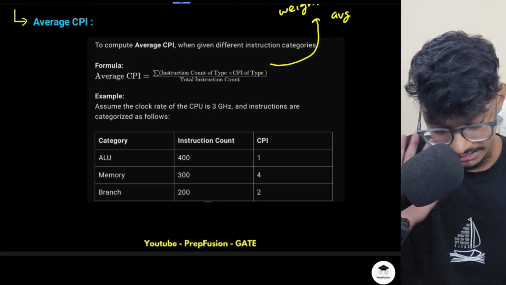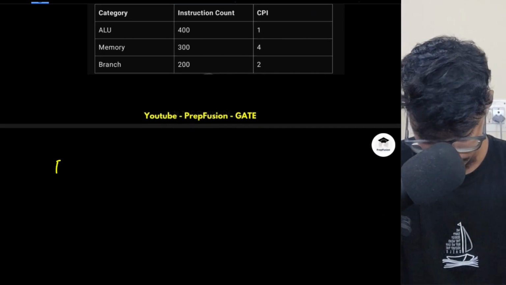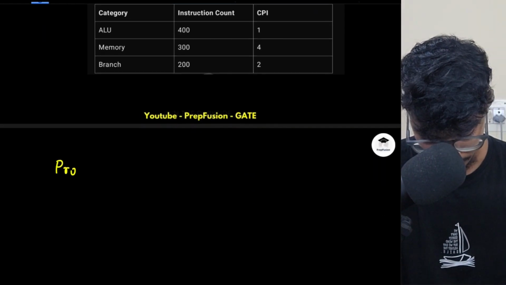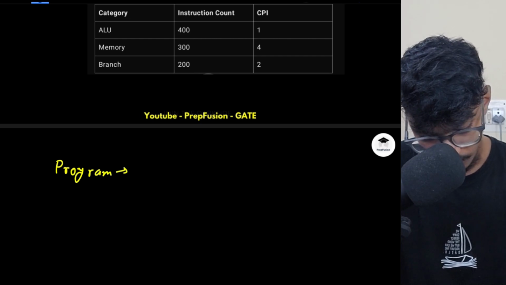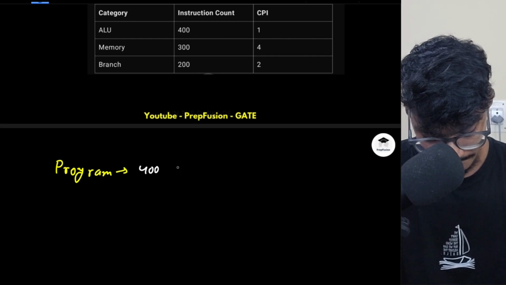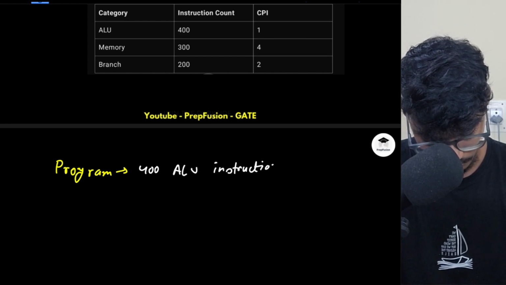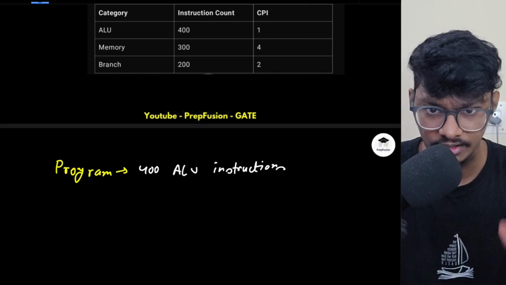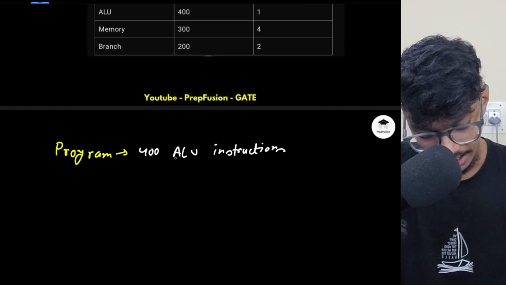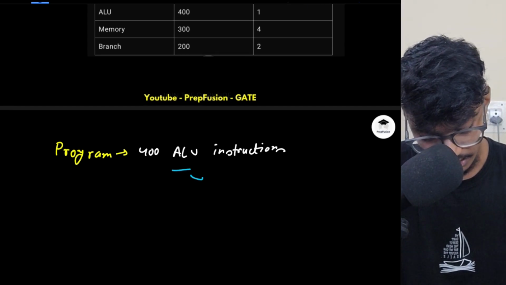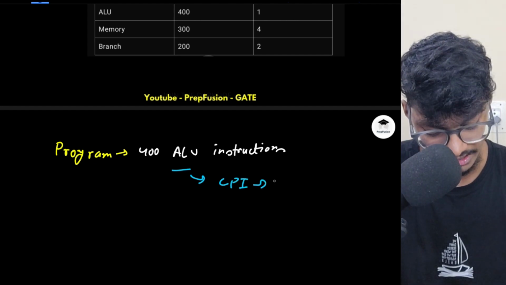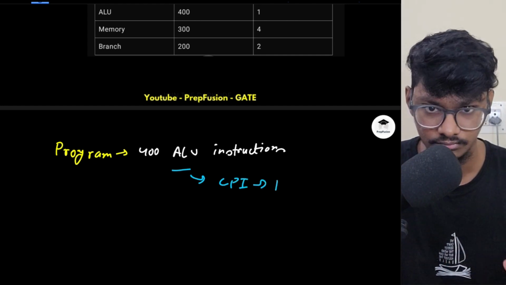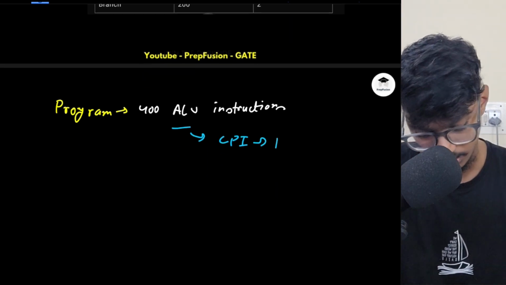What we do, like there is a program. And that program has 400 ALU instructions. The compiler has calculated it has 400 ALU instructions, and it has been given that each ALU instruction takes CPI, cycles per instruction, as 1. We require only 1 cycle.